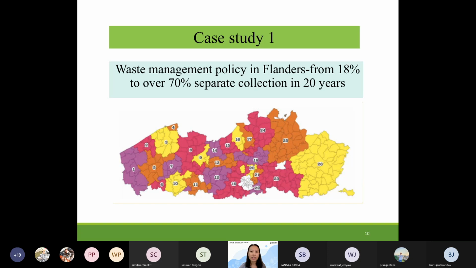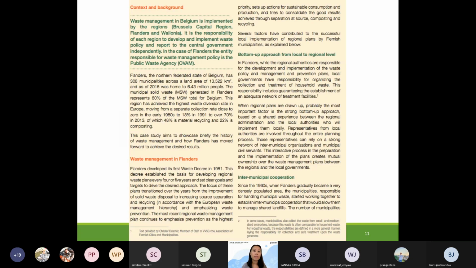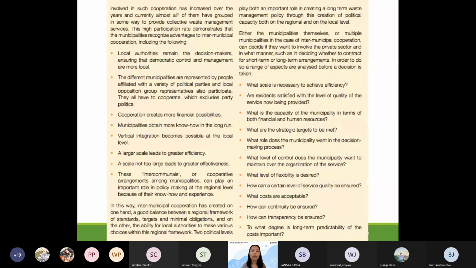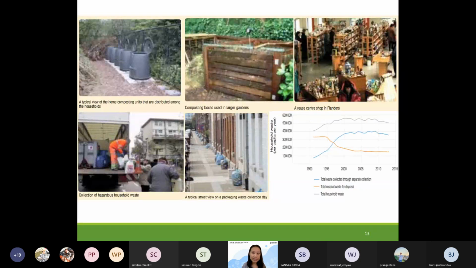It can separate the solid waste at the source. This is the waste management in Belgium, right? It's just one area that I show you where they succeeded in applying the concept of the fee or charge for the waste management of the local government.